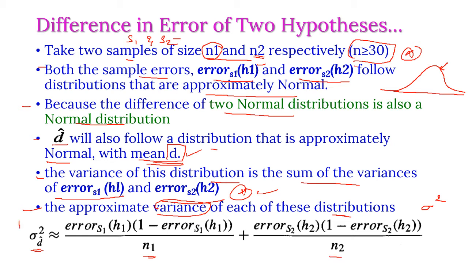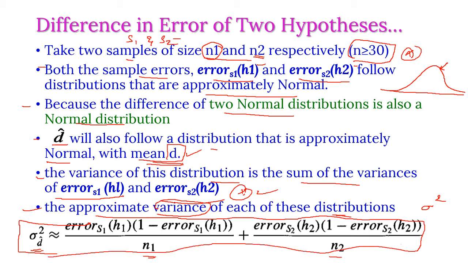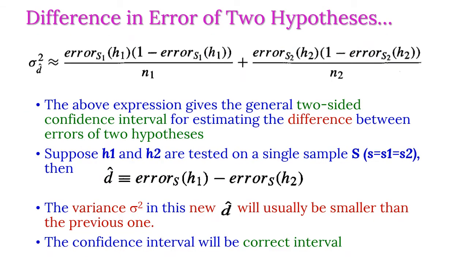So this is the formula for finding the variance of these two samples, right?